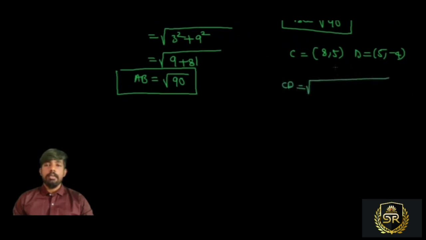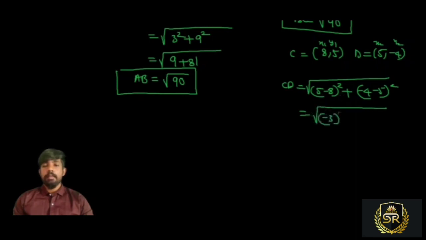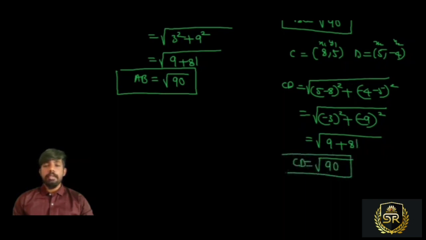CD equals root over x2 minus x1, 5 minus 8 whole square, plus y2 minus y1, minus 4 minus 5 whole square. 5 minus 8 is minus 3 whole square, plus minus 4 minus 5 is minus 9 whole square. In the square, a negative always becomes positive. 3 square is 9, plus 9 square is 81, therefore 90. This is the CD distance.